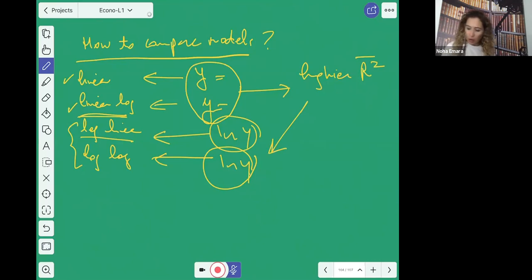They cannot be compared. So before comparing models, make sure that you have the same unit of measurement. And in order to do this, you have to estimate your model, get the adjusted R square, and then say, okay, this one is a better fit for my regression.